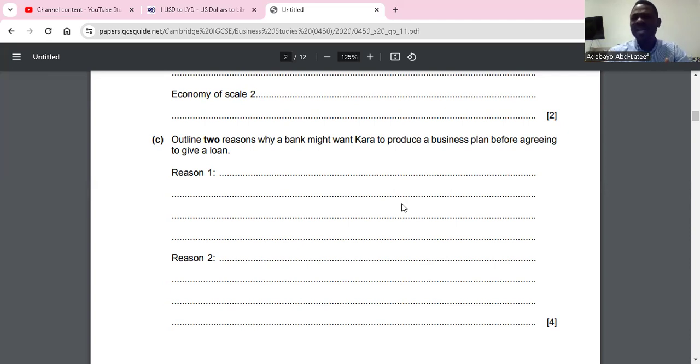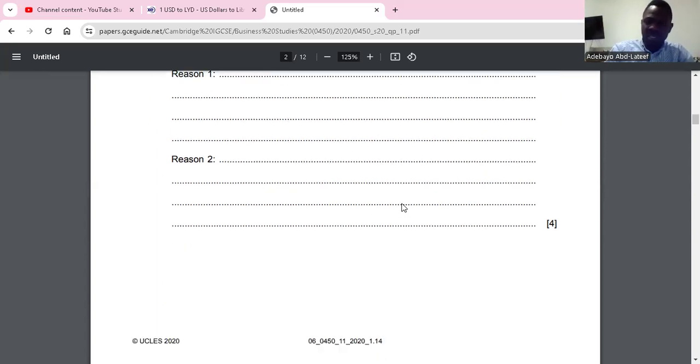So these are two reasons why the bank would ask for a business plan. I think it's clear. Other reasons are there, like financial advice on how to run the business. The bank might ask for a business plan to see what the plan is lacking so that they can give advice, because banks also give financial advice. I think the point is clear.